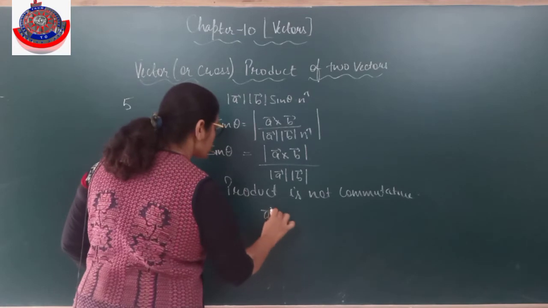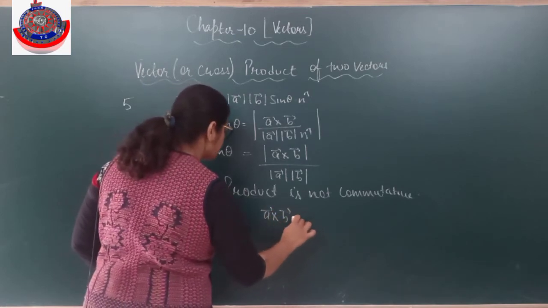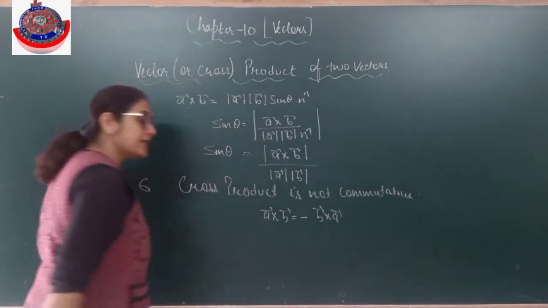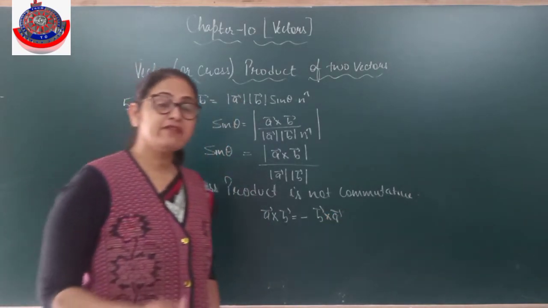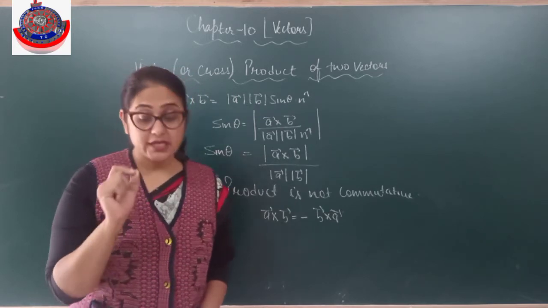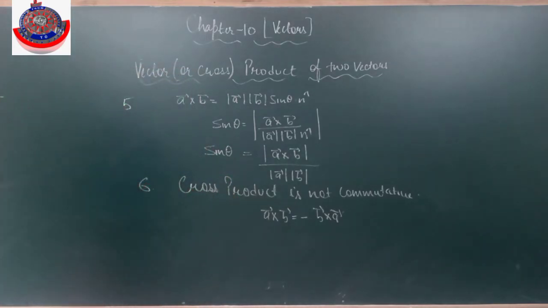So it's not commutative. So a vector cross b vector is minus of b cross a vector. Clear? This point we have already done, only now we are naming it. Scalar product is commutative, but cross product is not commutative. Is it clear? Cross product is not commutative. This we need to keep in mind. The next point.